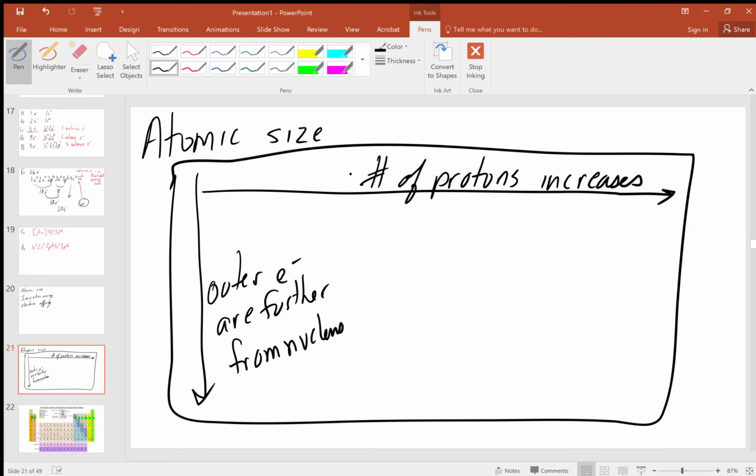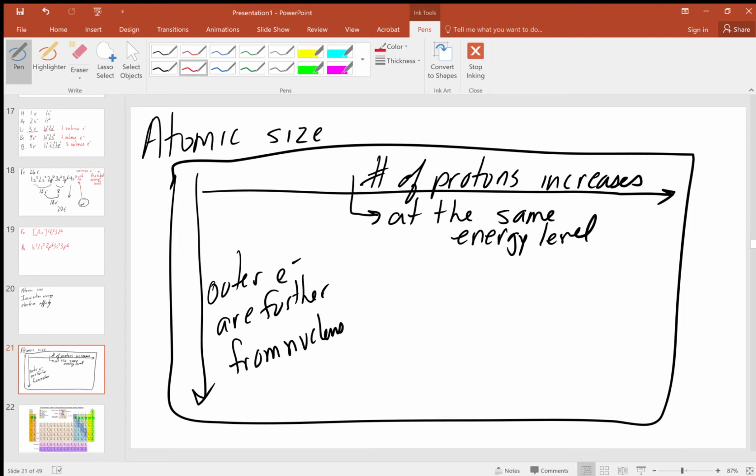But this is at the same energy level. So when it comes to size, we have more protons pulling on those electrons as we go to the right, without going to a higher energy level.